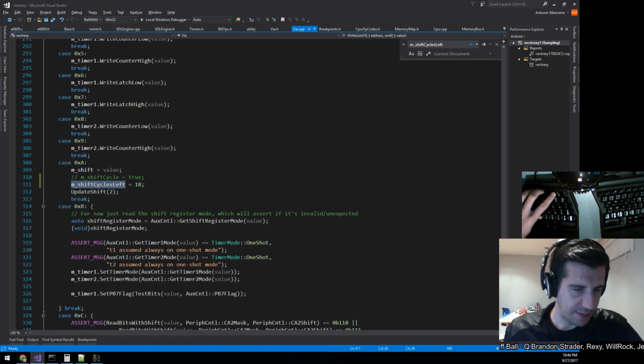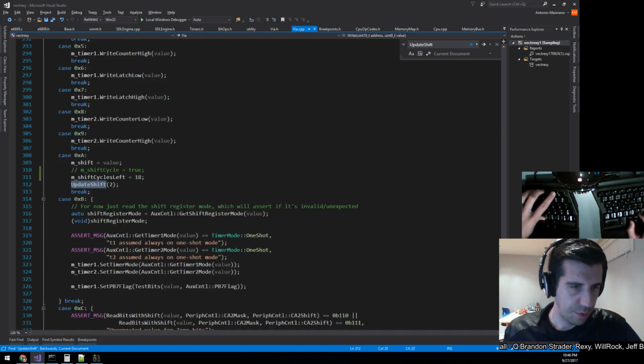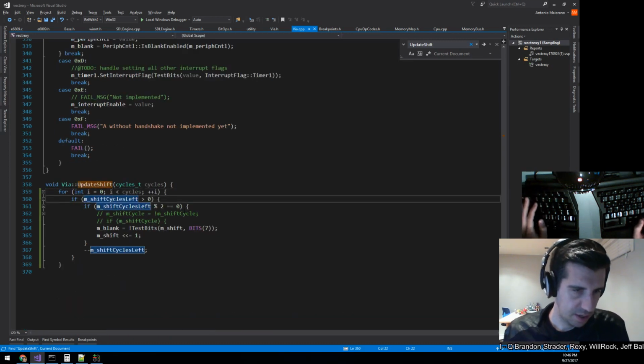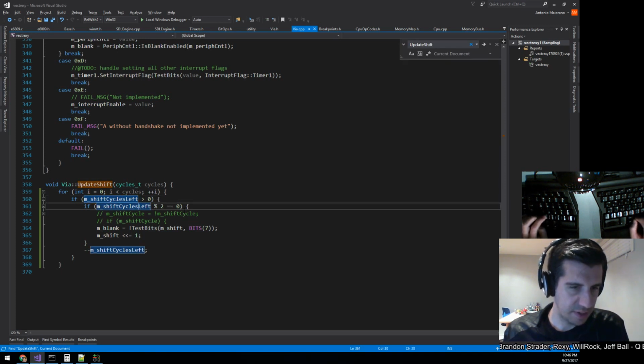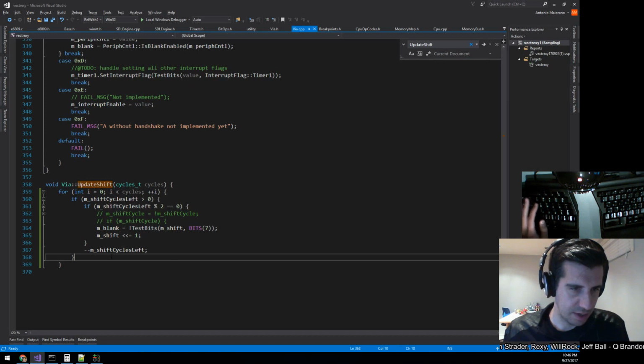So here we have 18. We're going to call update shift with 2 cycles immediately, which means we're going to come in here and say this is 18, yes, it is divisible by 2, so we will immediately do this. And shift, this becomes 17, and on the 17th one, it'll come through, it's not even, and it'll go down to 16.